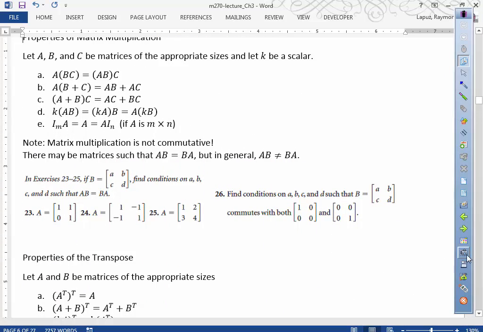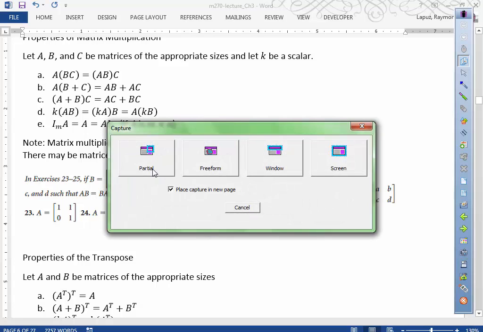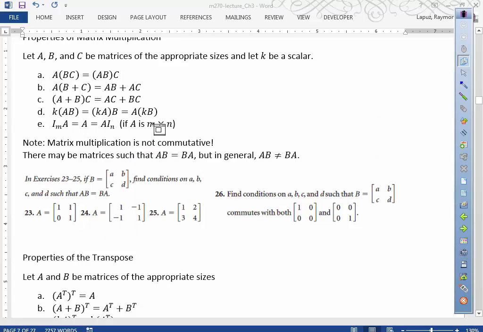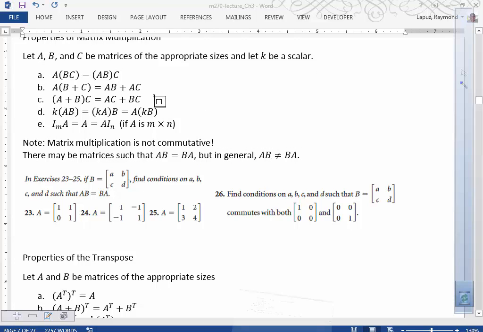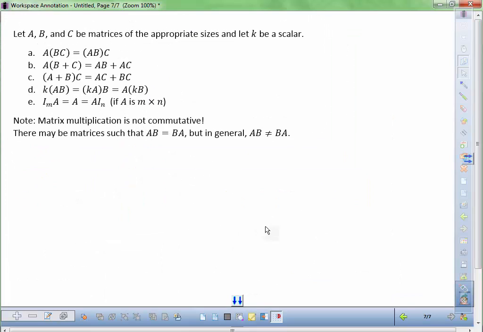All right. So there's more properties for matrices. And these properties relate with matrix multiplication. Guess I should have labeled them. So the first one is saying that matrix multiplication is associative.